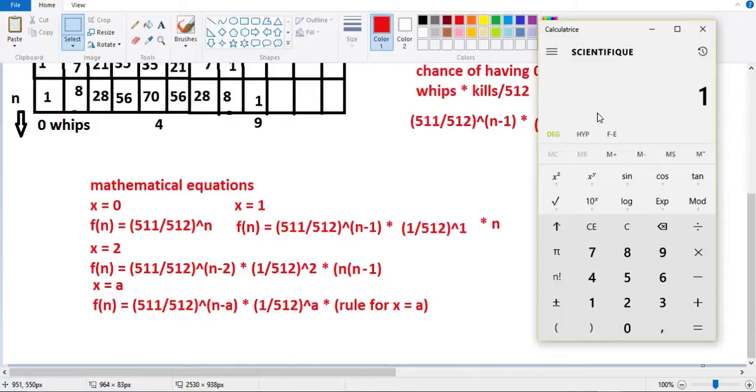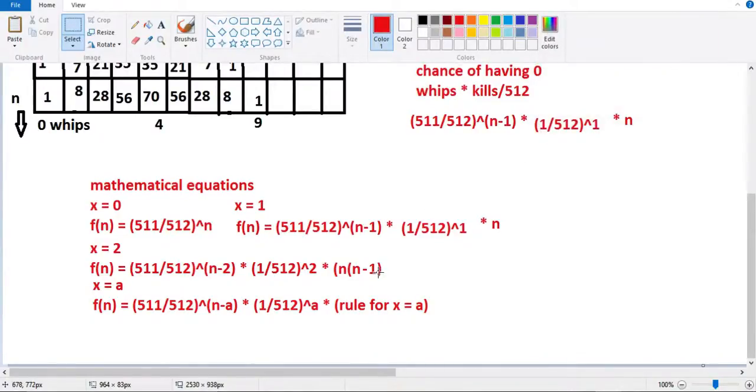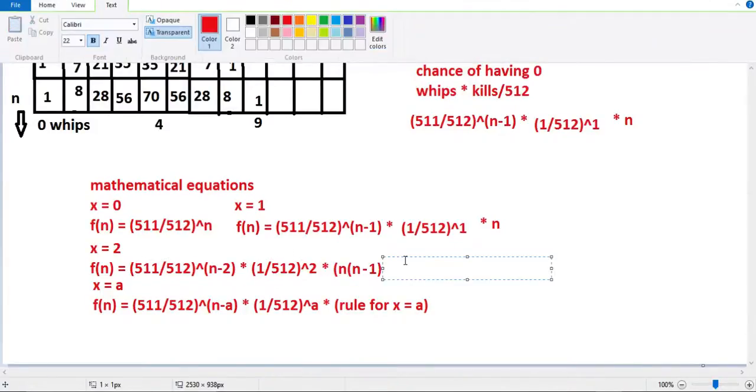Wait, no. This line is wrong. I forgot to divide by 2. This is what's wrong. There we go. Here I forgot to divide by 2.